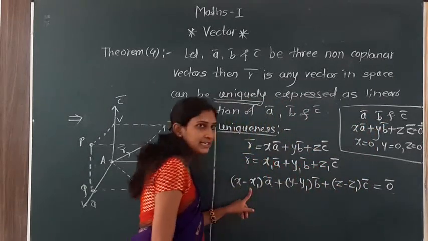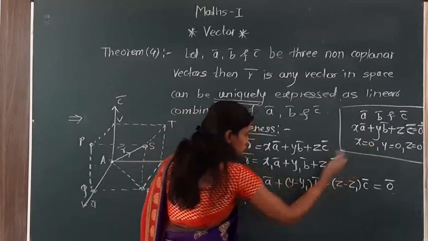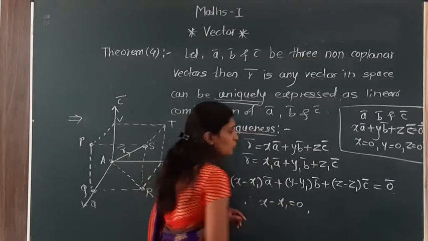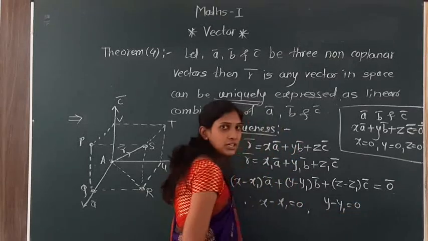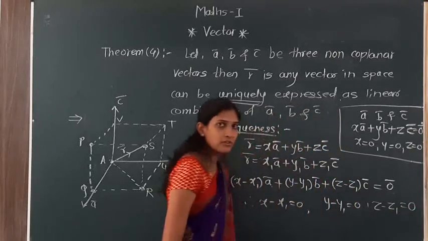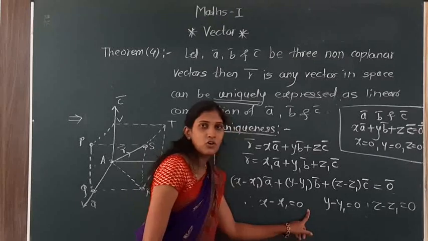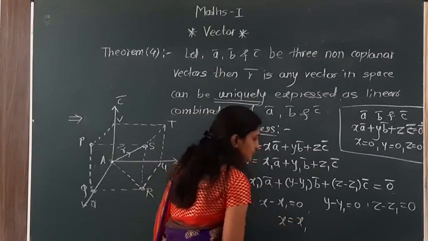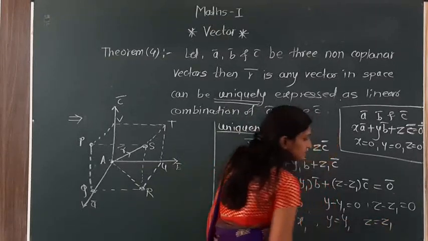So by this corollary, the scalars are equal to 0. The first: x minus x1 is equal to 0. The second: y minus y1 is equal to 0. And the third: z minus z1 is equal to 0. This means if we take these to the right-hand side, we get x is equal to x1, y is equal to y1 and z is equal to z1.